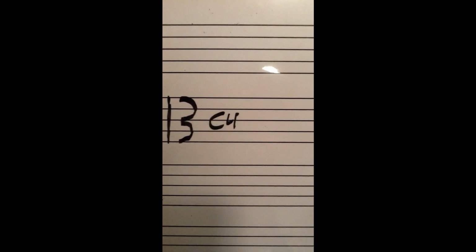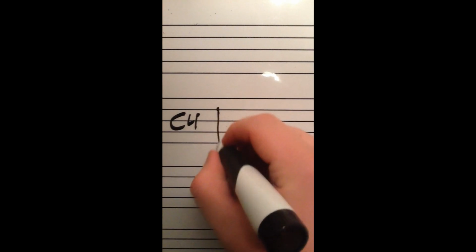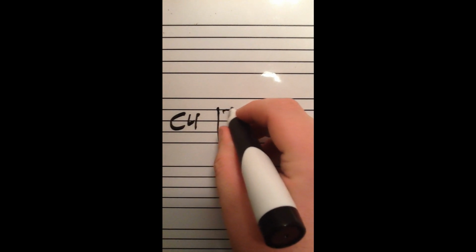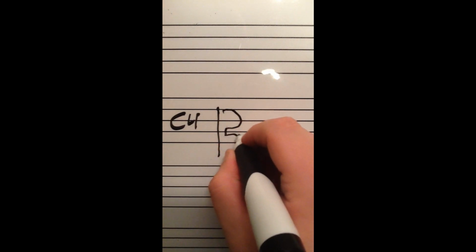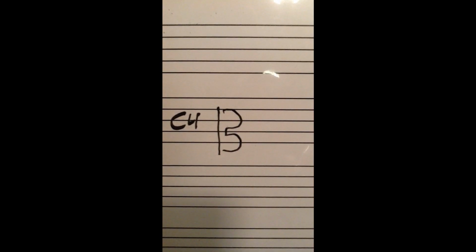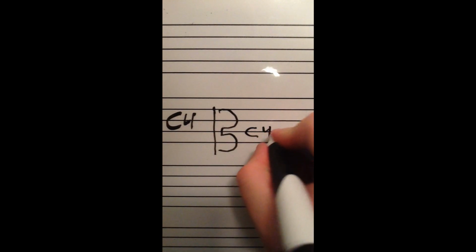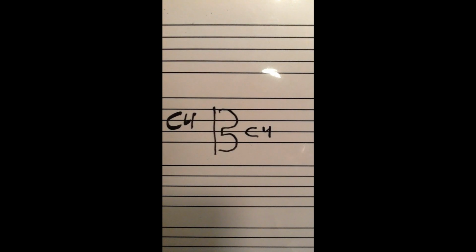If you draw another C clef that is not either of those, so I'll draw another one in a different position, that's just another C clef. It's not an alto clef or a tenor clef. This line is C4. Okay, so that's why it's called a C clef.